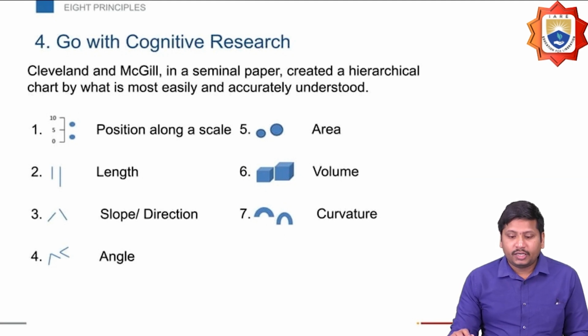And next one, go with the cognitive research. For that, create a hierarchical chart by what is most easily and accurately understood. Creating a hierarchical chart is also a very good principle, while creating the data visualization, which is the most easily and accurately understood.